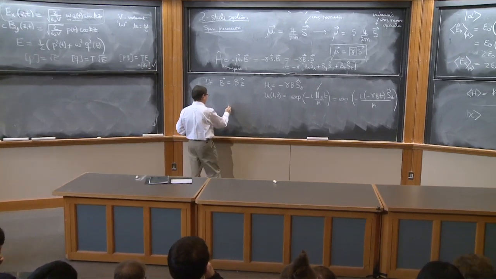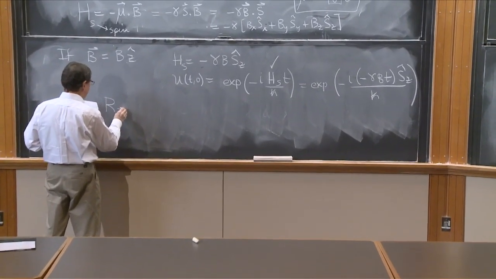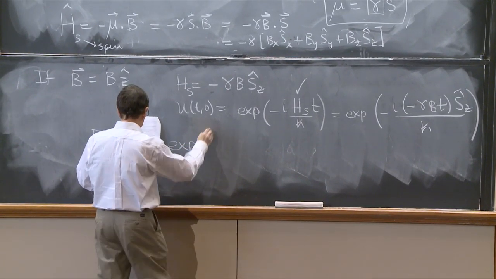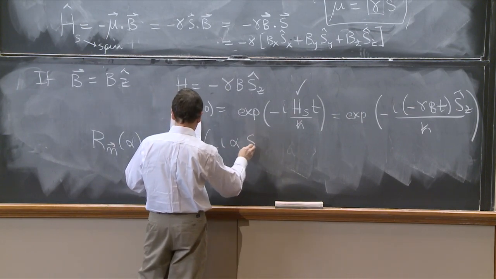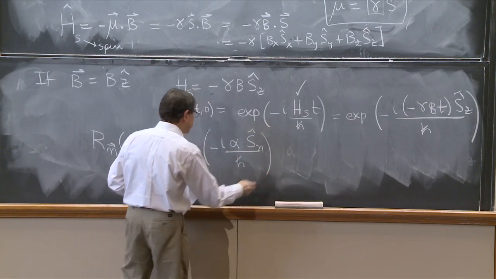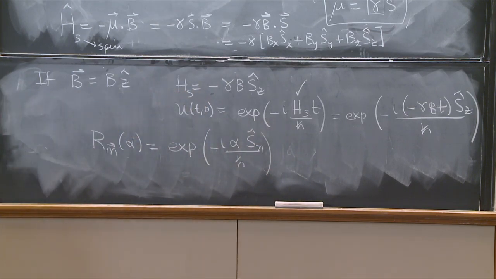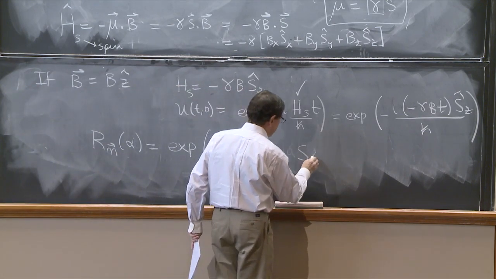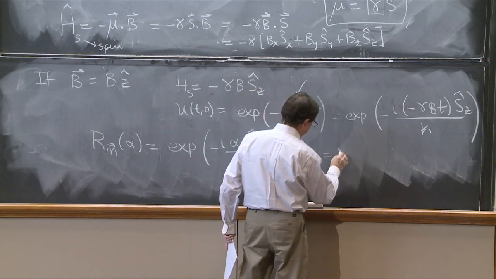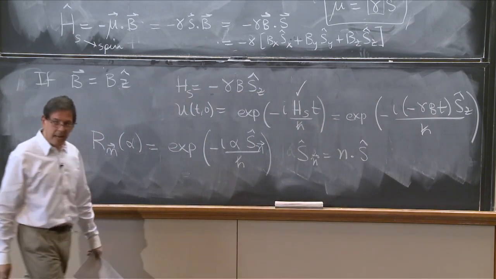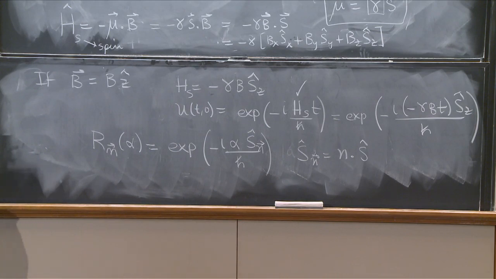We talked in homework about an operator, R n of alpha, which was exponential of minus i alpha Sn over h bar, where n was a unit vector, and Sn is defined as n dot S. So nx Sx, ny Sy, nz Sz.